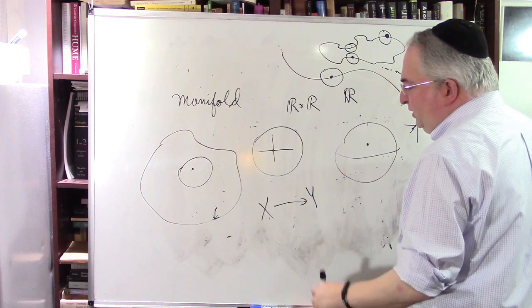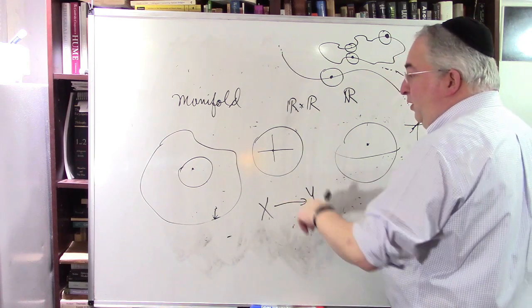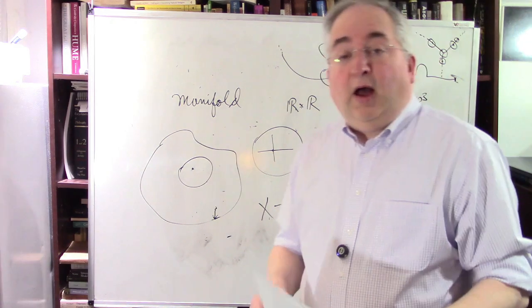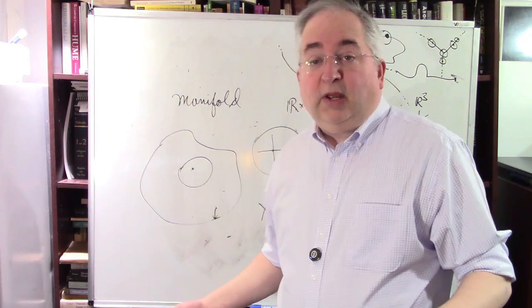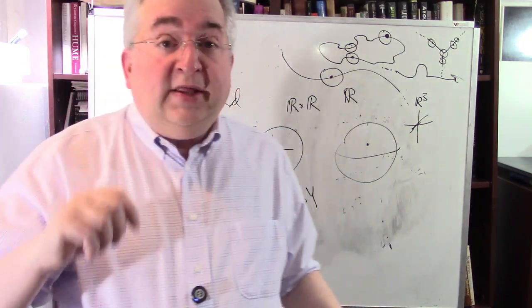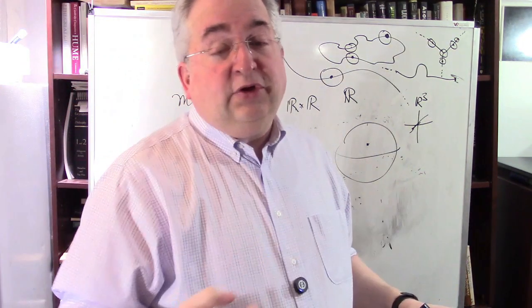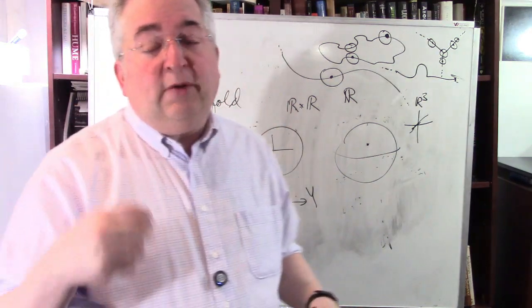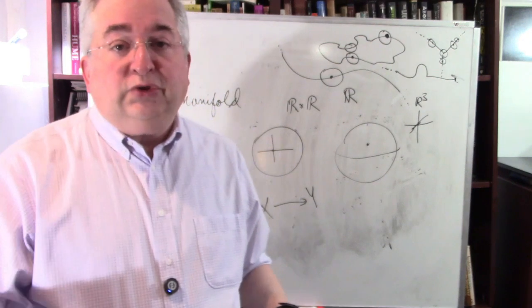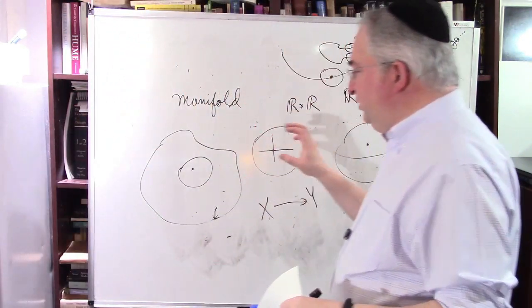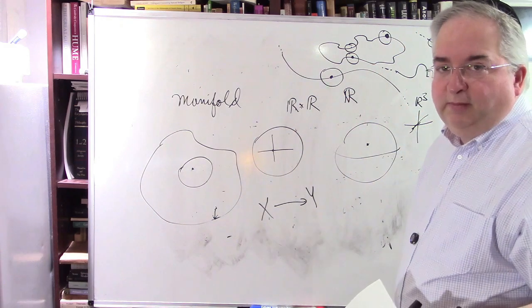The main point is that a continuous map between two manifolds can also be a map of manifolds, and that's a stricter requirement. Not only should it be continuous in terms of the open sets in this one and the open sets in this one, but it should also respect those real coordinates, the fact that it's close to the real numbers.